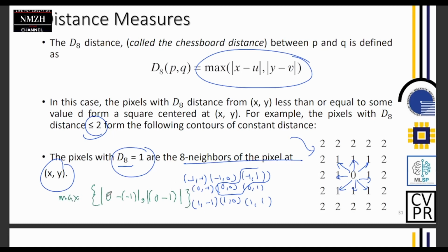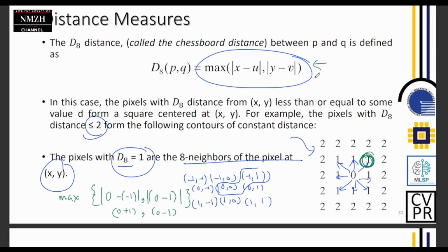So 0 plus 1 is 1, and 0 minus 1 is also 1. What is the max between 1 and 1? Obviously 1. That's the reason for the value over here. So you can find the way that we have 2, 2, 2, 1, 1, 1, and so on as the chessboard distance by using this particular equation, right?